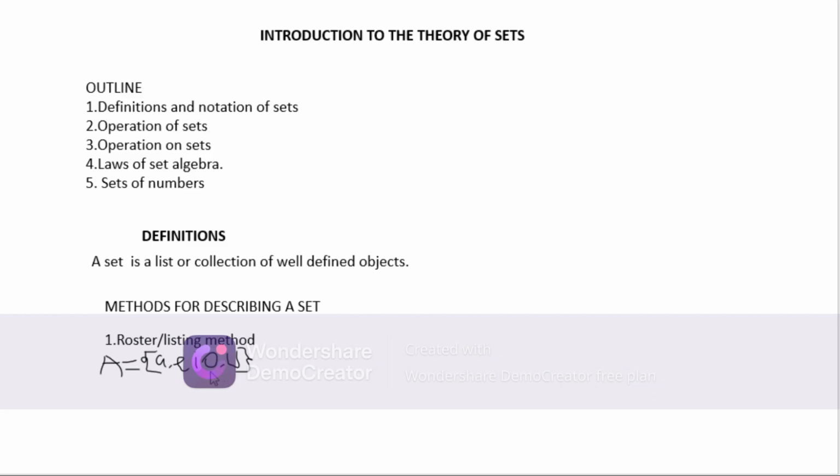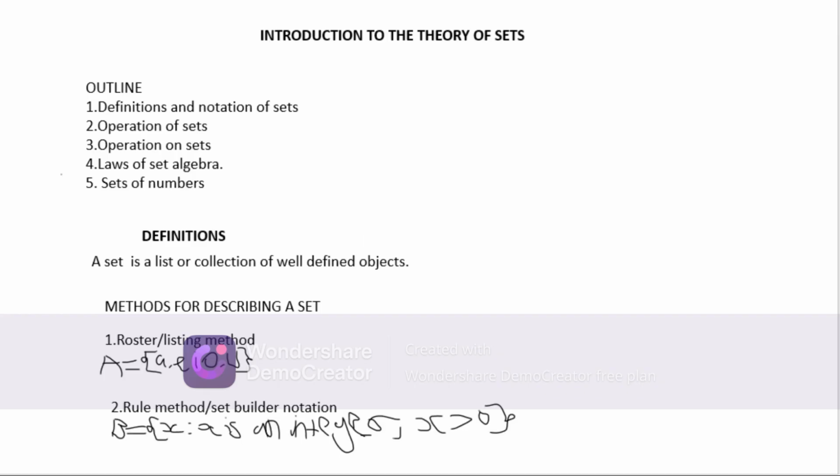But there is another method which we call the rule method, or set builder notation. I'm sure you remember it from grade 12 or grade 8. This is an example of set builder notation, so mind my handwriting.